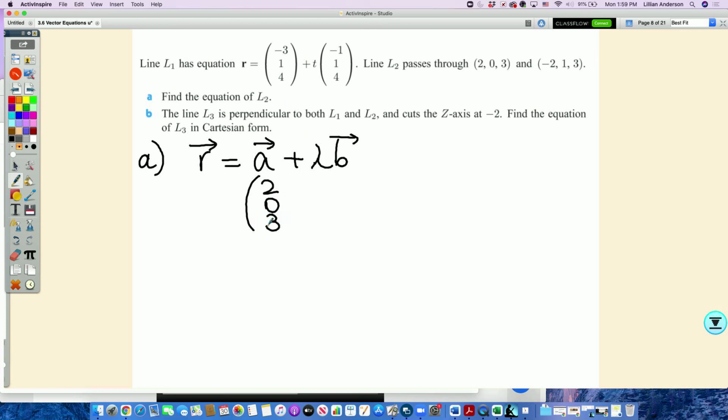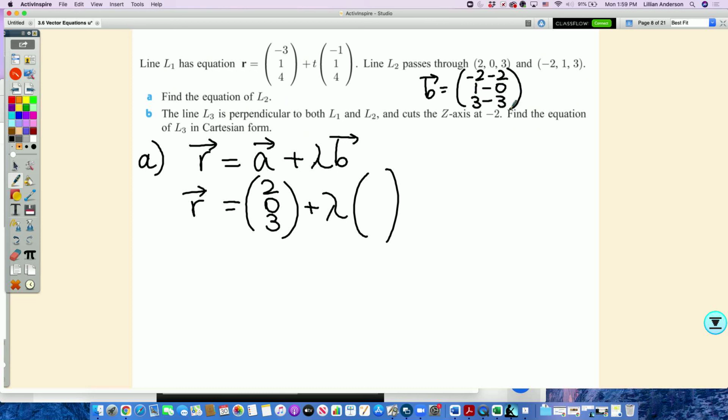Okay. And then what does B represent? Direction. And I find the direction by doing what? Second minus the first one. You said -2 minus 2, and then 1 minus 0, 3 minus 3. Very good. So then what is B? -4, 1, 0. Awesome. Good job.